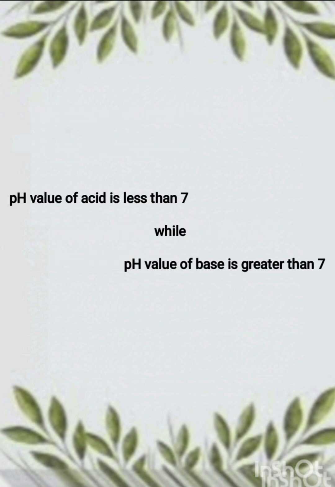You know, children, the pH value of an acid is less than 7, while the pH value of a base is greater than 7. Examples are hydrochloric acid and sulfuric acid, and bases are sodium hydroxide and potassium hydroxide, etc. Okay, I hope you have understood it by now.